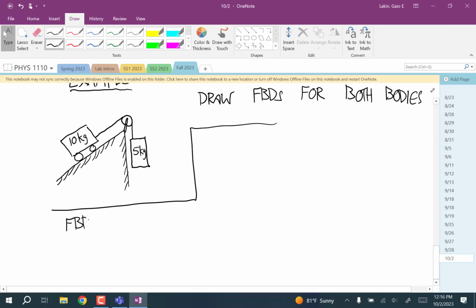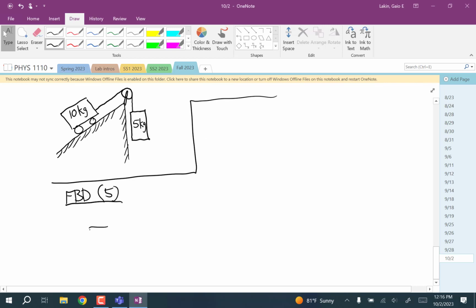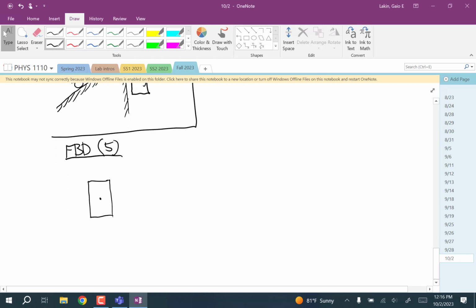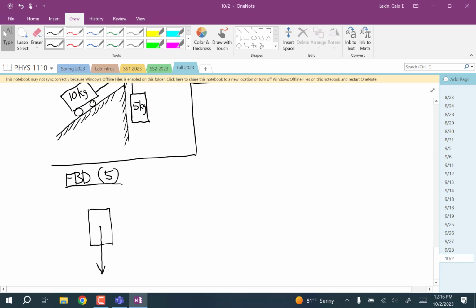So free body diagram of the hanging mass. The first force to put down is the weight force. So that's a downward force that's equal to the mass times 9.81.